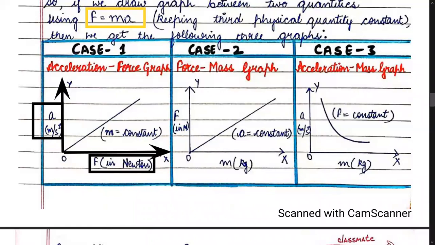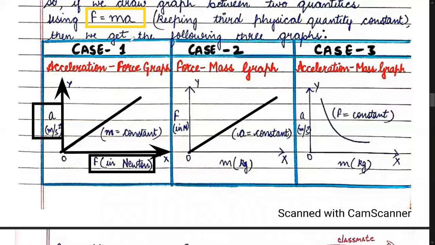So there are three variables. F is ma. So let us draw a graph between F and A, keeping mass constant. So this is a straight line. Similarly, if I draw a graph between F and M, keeping A constant, it is again a straight line.